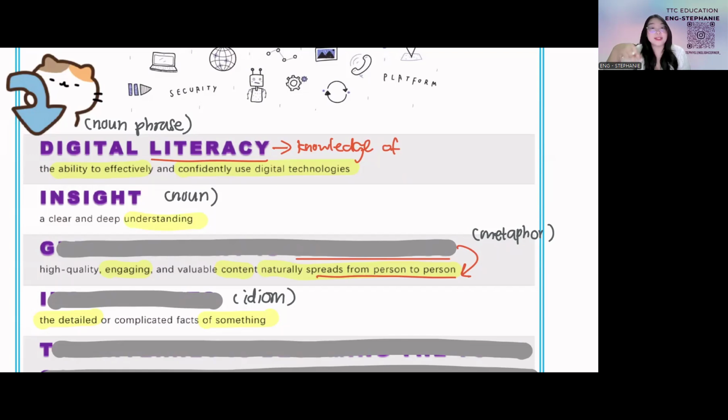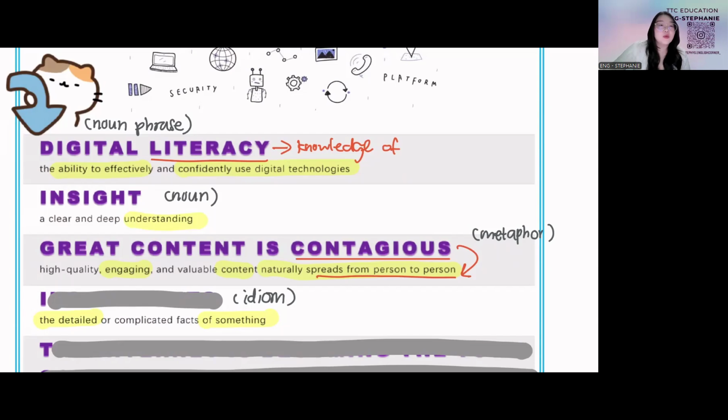And then later when we write the essay, I'll also try to use them inside. Okay. Then we have this one. This is great content is contagious. So when you want to talk about high quality valuable content, it will actually naturally spread from person to person. People will share, and it will just go viral automatically. So this great content is contagious.